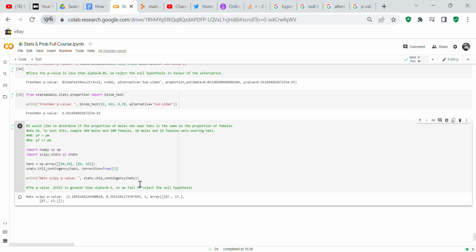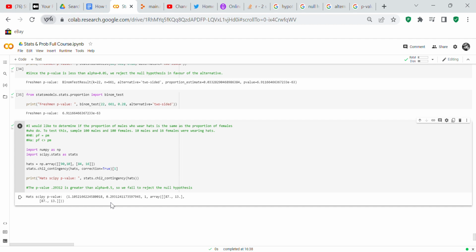And then we just say answer equals stats.chi2_contingency brackets hats, correction equals True, and then it says 1.